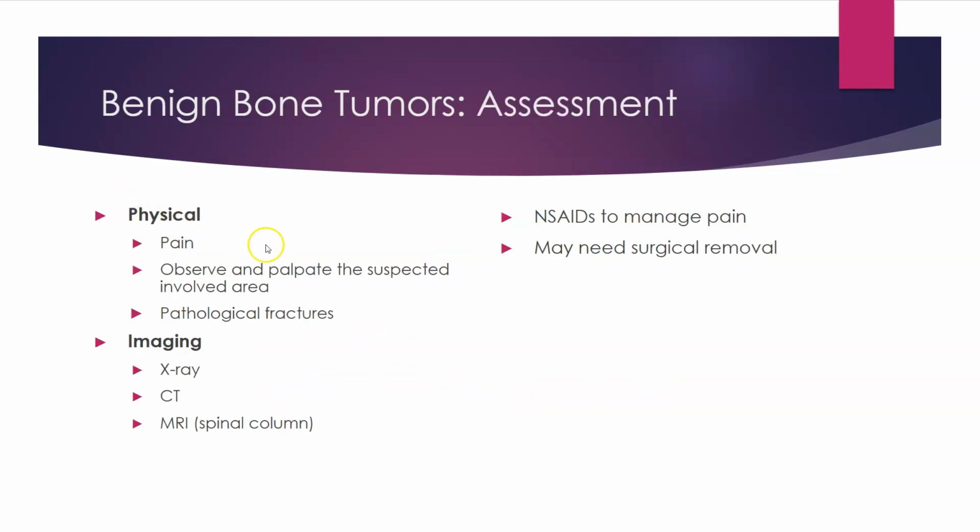So physical pain is sometimes present with this, and pathological fractures, as we said before, and of course that would cause pain. You might see it on imaging, x-rays, CTs, MRIs. Oftentimes what we do is treat the pain as needed and then surgically remove this. We could go in with radiology, and that's a possibility as well.